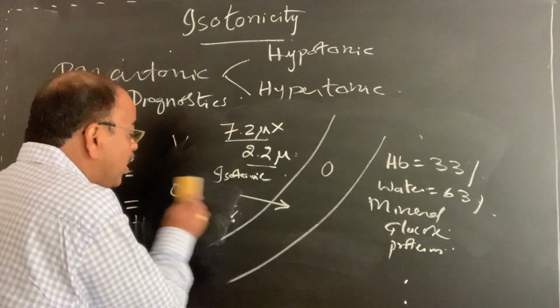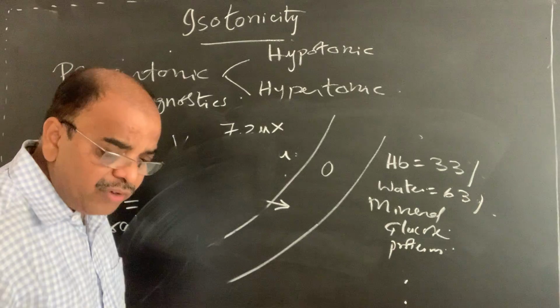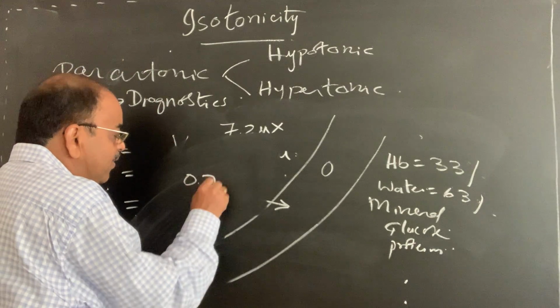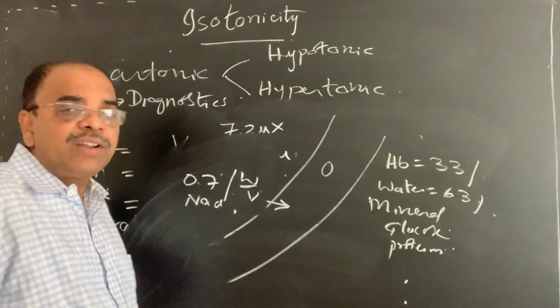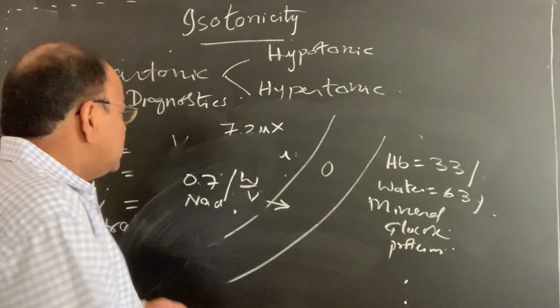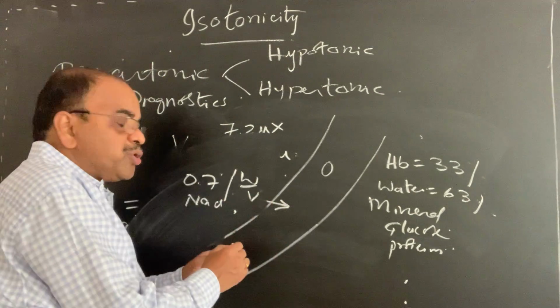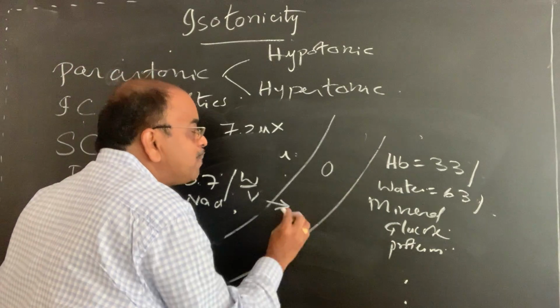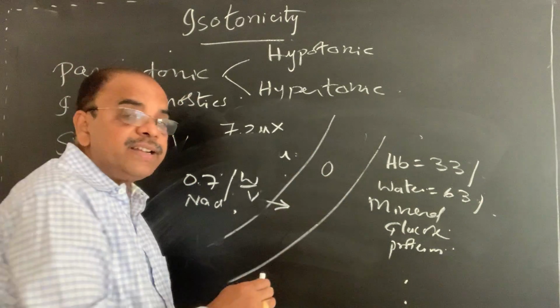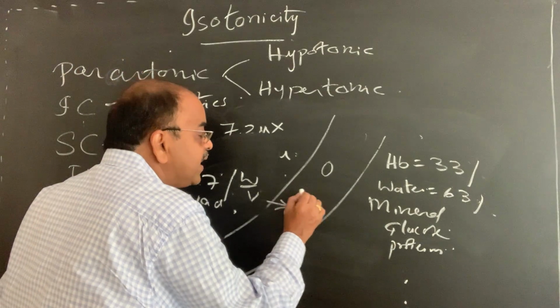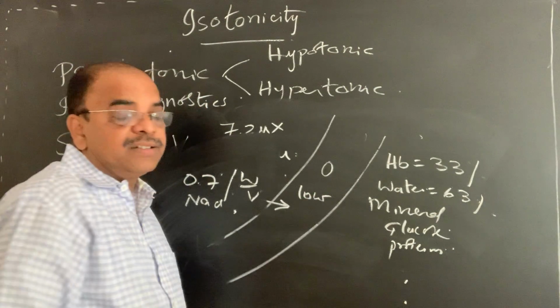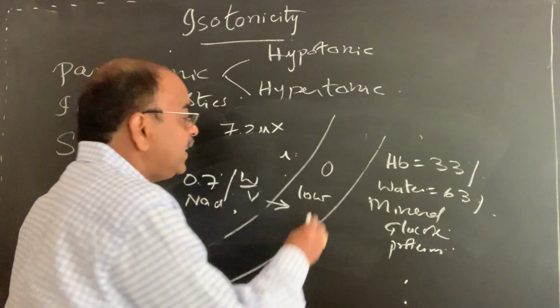Now, suppose instead of isotonic, we give a hypotonic solution, less than isotonic. So, instead of 0.9, we give some 0.7% sodium chloride solution. What will happen? We'll see now, right? When we give this solution, the plasma outside the RBC gets diluted. So, here it has a low concentration of fluids.